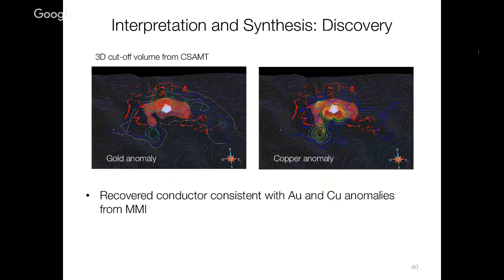The result of that: take the CSAMT data, invert it, do a cutoff for the conductivity, and you get a volume of low resistivity material that sort of matches what the gold and the copper anomalies were, how they were recorded.